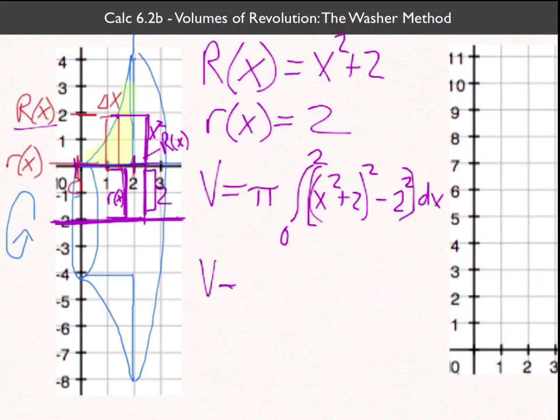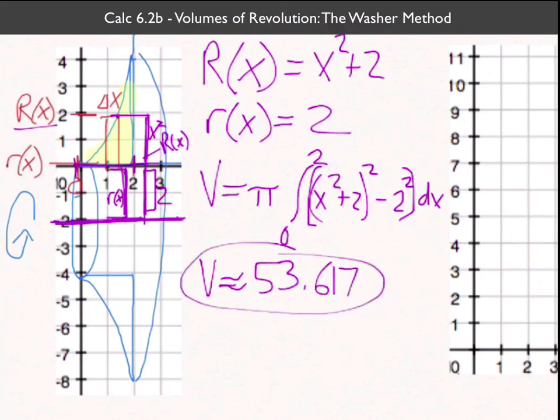When we approximate this using our calculator, we get 53.617. So the biggest thing here is learning how to identify your capital R of x, or your big radius, and the lowercase r of x, or your little radius. And it really is helpful if you draw the graph so that you can see physically what you're trying to find the length of there.